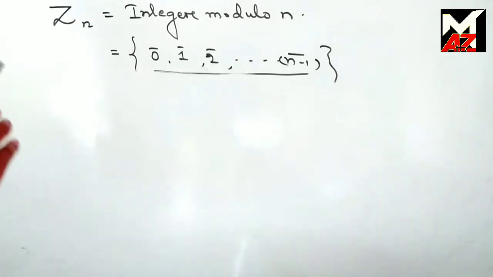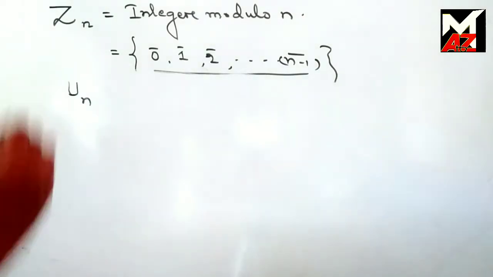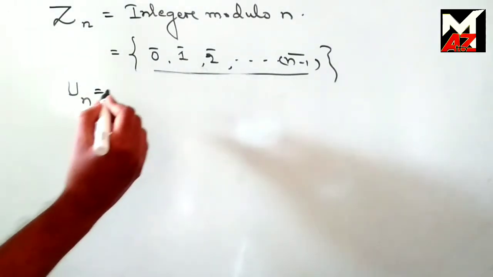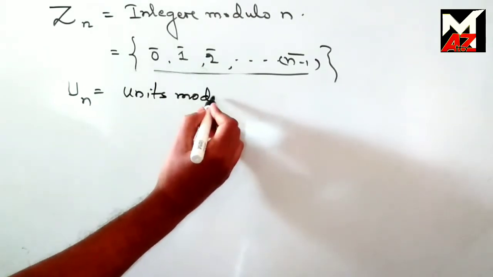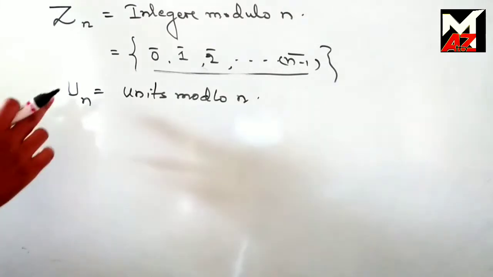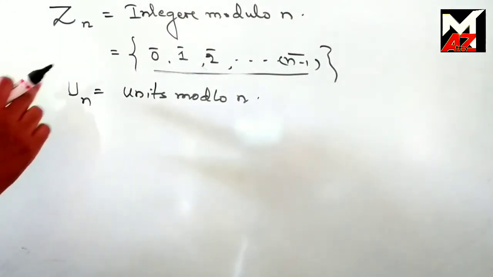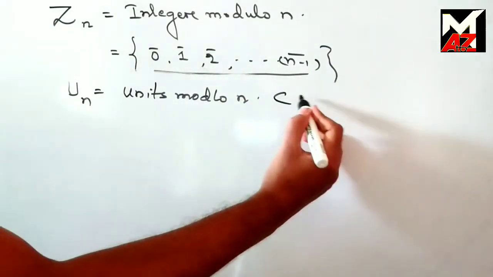Now we consider a set, name this set Un, the set of units modulo n, because it consists only of those elements which are units of Zn. Un must be a subset of Zn.